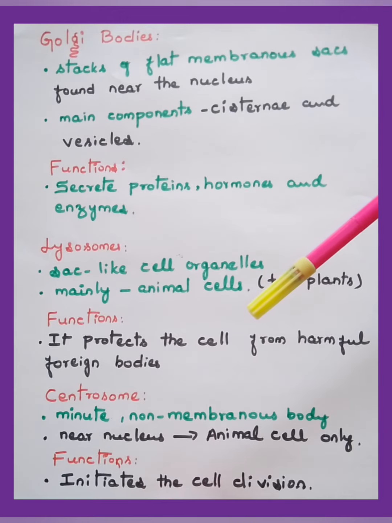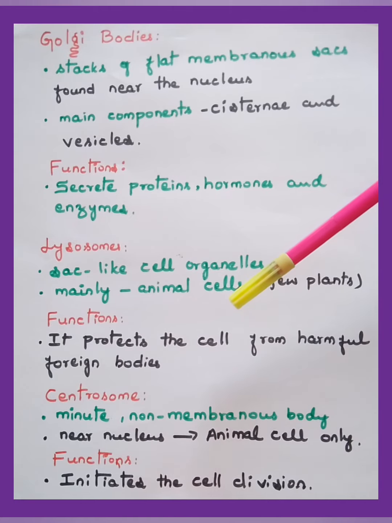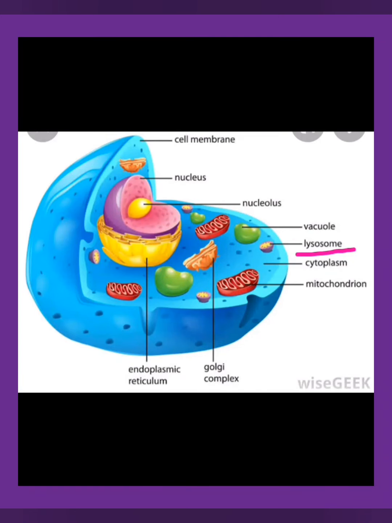They act like warriors. They protect the cell from harmful foreign bodies like bacteria. You can observe the lysosomes here, small tiny sac-like cell organelles mainly found in the animal cell. They are not found in the plant cell.